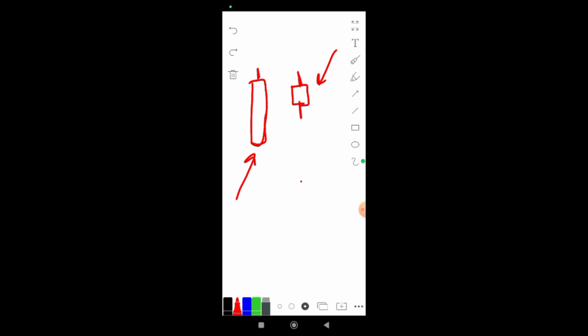When I was still coming up, I had begun to know some other things, but I was finding it difficult to understand candlestick closure. That is why I'm sharing this with so many traders out there, because it's going to help you in your trading journey, so that you can get the information from this candlestick.